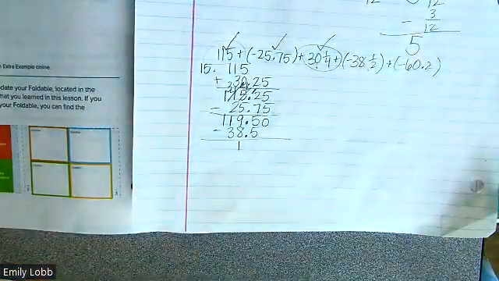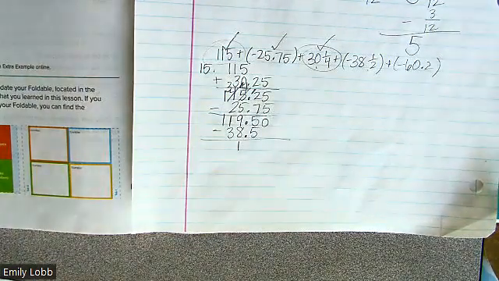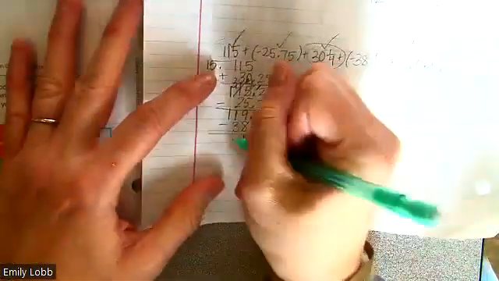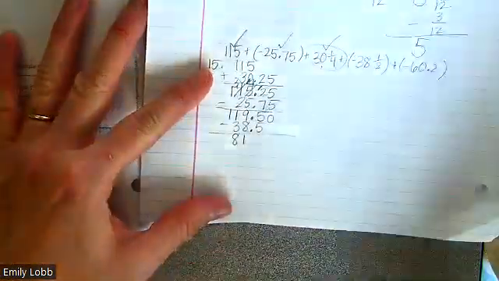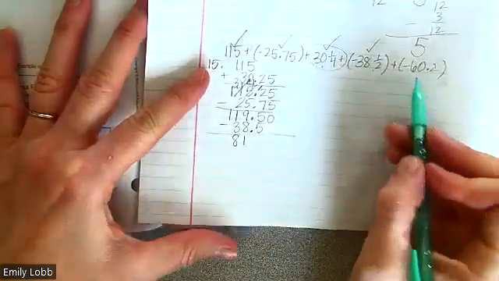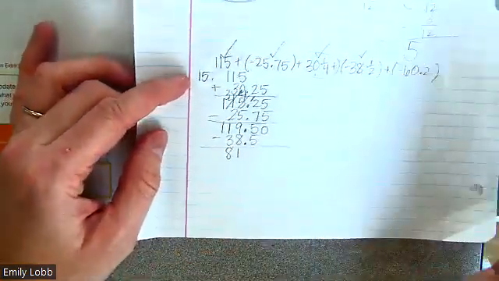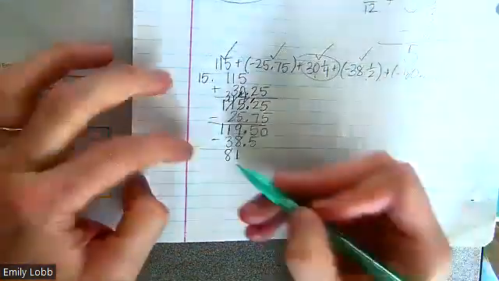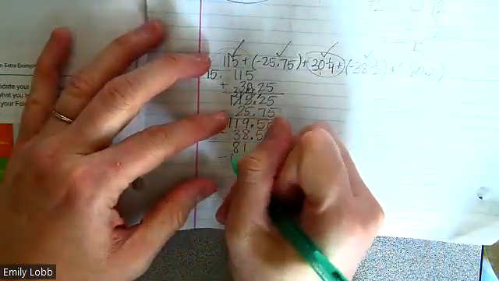Can I take 3 from 1? No, so I'm taking 3 from 11. What's 11 minus 3? 8. So now I have 81. Is it still bigger than 60 and 2/10? Yes, so big minus little is still this.